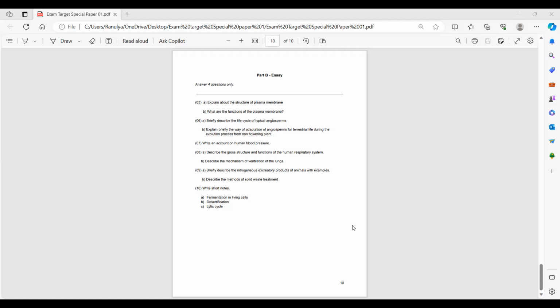Next point, pollen tube carries male gametes, or fertilization without utilizing external water. Next point, production of immobile male gametes. Next point, occurrence of double fertilization.